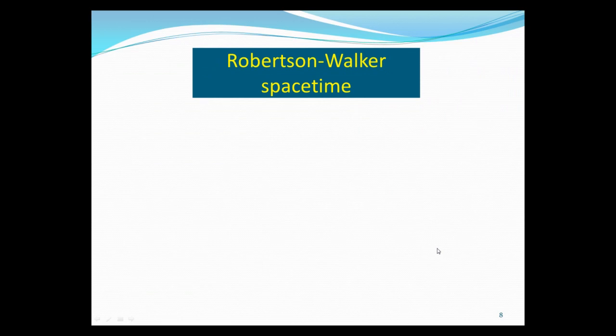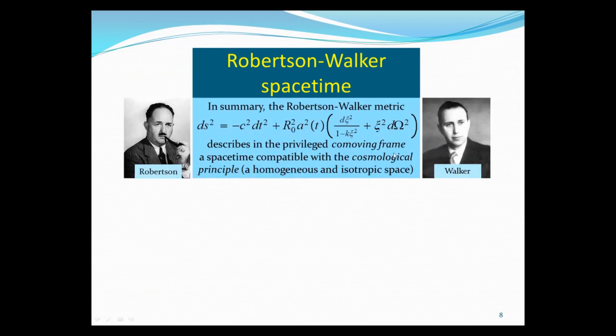So let's summarize the Robertson-Walker metric. You have the time component, just like a g_00 of minus 1, so it's simply minus c squared dt squared, and then the scale, the length squared, and the dimensionless factor here.